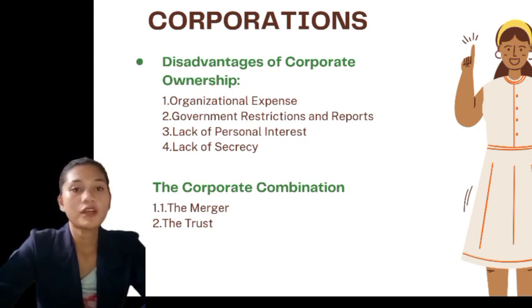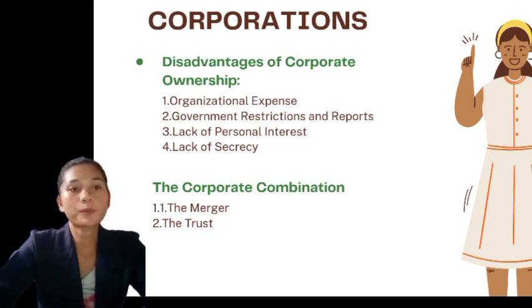It may be the absorption by one corporation of the properties and franchises of another whose stock it has acquired, whereupon the merged corporation ceases to exist and the merging corporation alone survives.